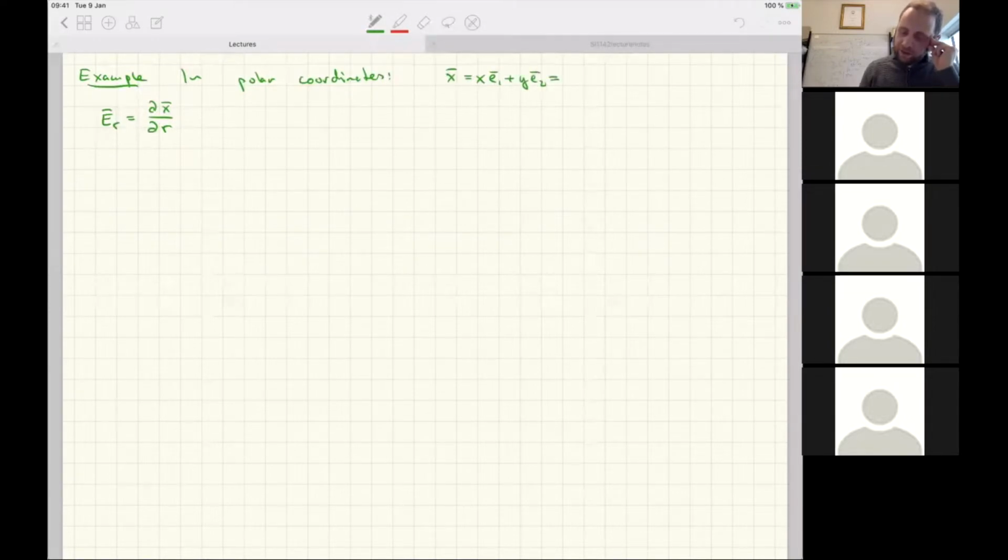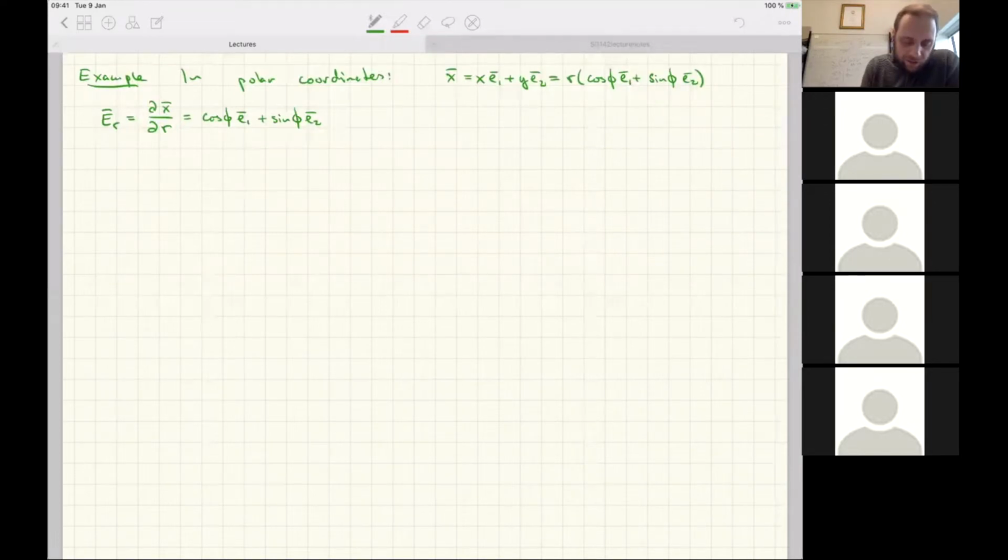And if we rewrite this in polar coordinates, we'll get r cos phi e1 plus r sin phi e2. So if I insert this here and I perform this partial derivative, what I'm left with is going to be cosine phi e1 plus sine phi e2. That's just differentiating with respect to r here.